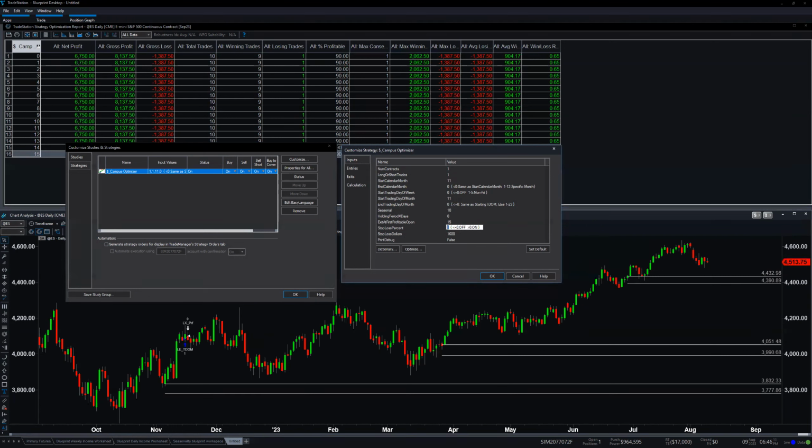I'm using the wrong... So stop loss percent 0, exited first profitable open needs to be a 1, and then the holding period from 0 to 15.